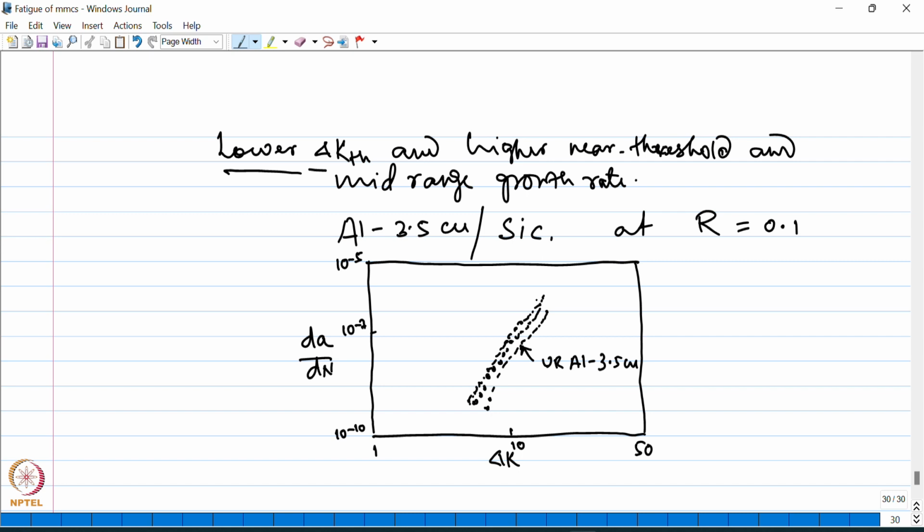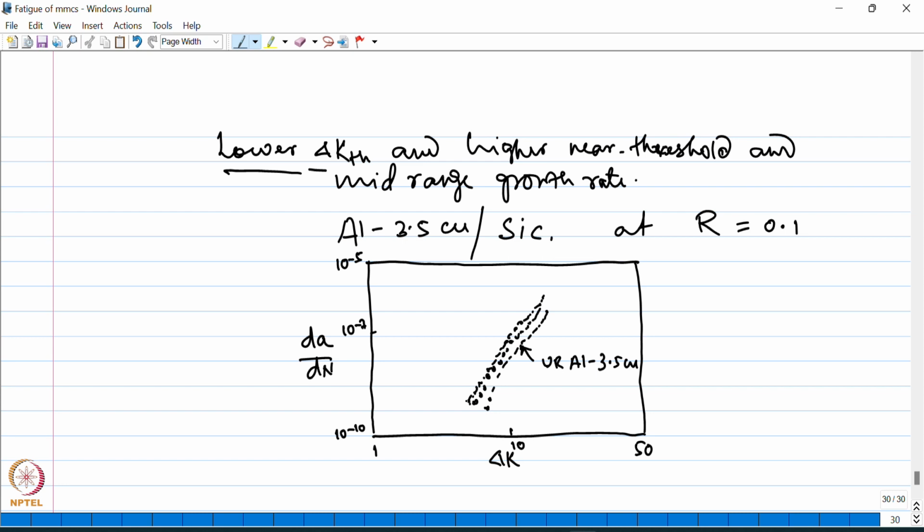And you can also see that in the mid-range regime, it is steeper. So that means the growth rate is higher. Even in the near threshold region also, the growth rate for the composites was found to be higher.